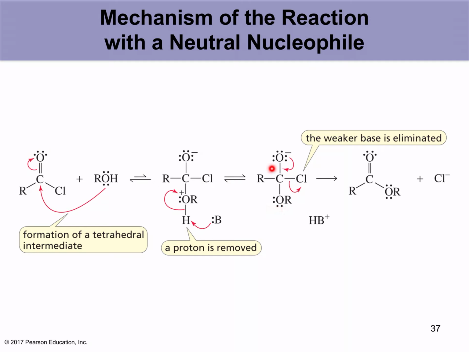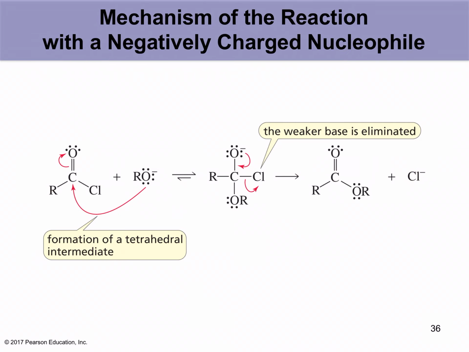Now we have this negatively charged oxygen between the chlorine and the alkoxy group. This is the weaker link, so the weaker base will be eliminated and you get the ester. So this is the mechanism if you have a neutral nucleophile, and the other is the mechanism if you have a nucleophile with a negative charge.